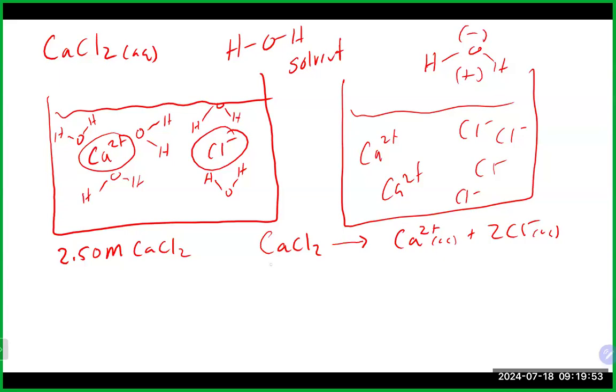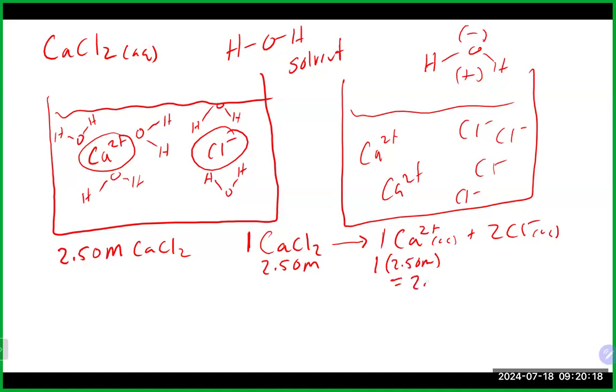And if the concentration of 2.5 molar for the entire ionic compound is 2.5 molar, you could do a mole to mole relationship to figure out the concentration of just, say, the calcium. If we look at the calcium ion from the whole thing, it is a 1-to-1 relationship, which means it is 1 times 2.5 molar.